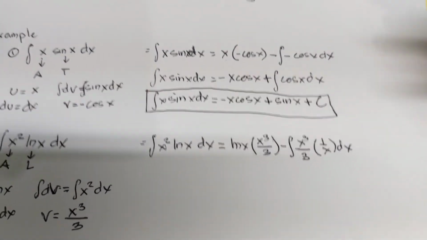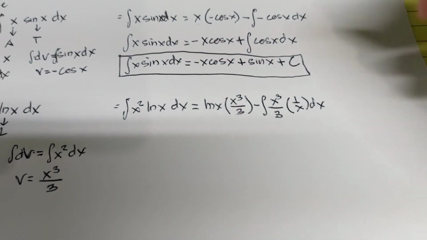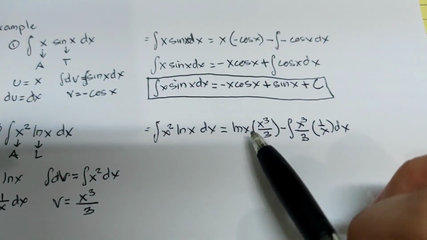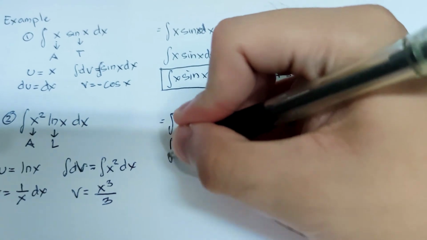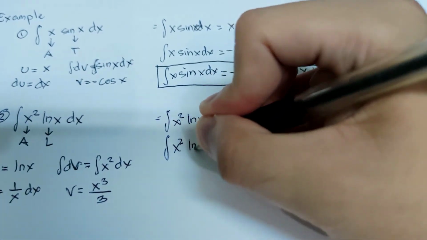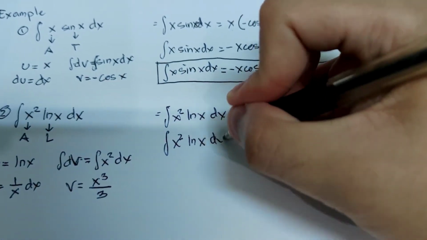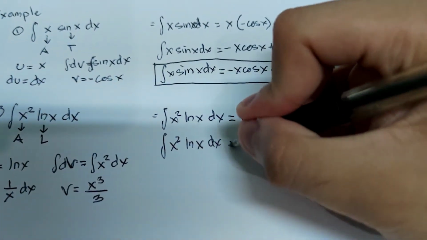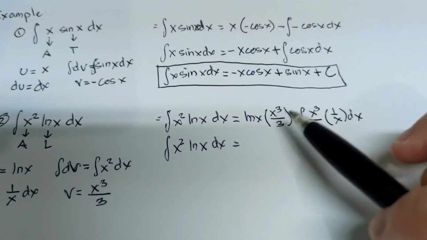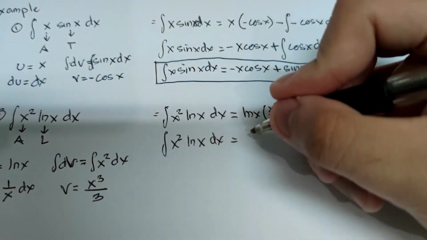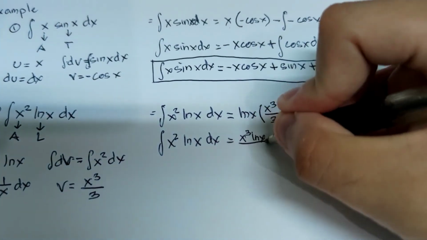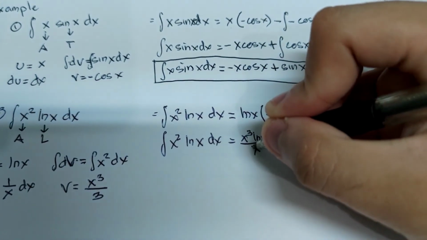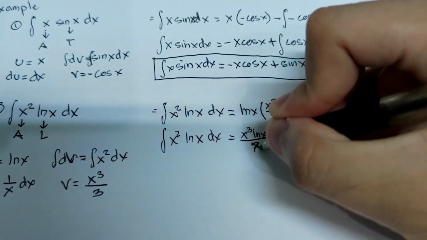Before we integrate this part, we can simplify this problem. By simplifying, we can multiply this, and we'll get x cubed ln x over 3.